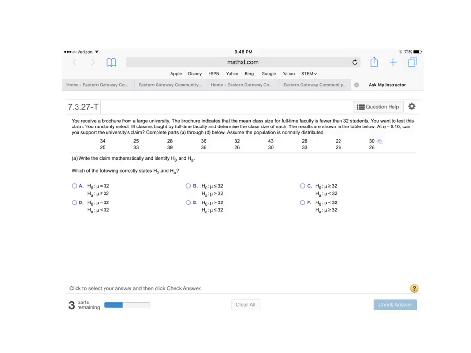At a level of significance of 0.10, can you support the university's claim? Complete parts A through D below. Assume the population is normally distributed.